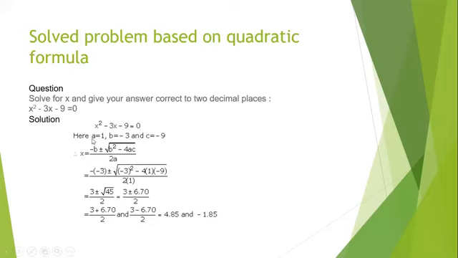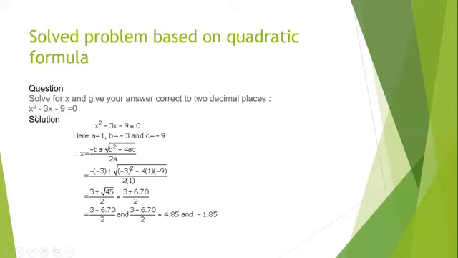Here, x square minus 3x minus 9 equal to 0 is the given equation. Trying hard, I am not able to split minus 3 to get minus 9. In other words, solving this equation by the method of factorization is not actually possible.